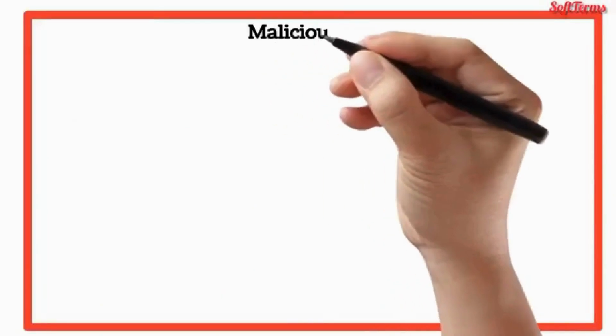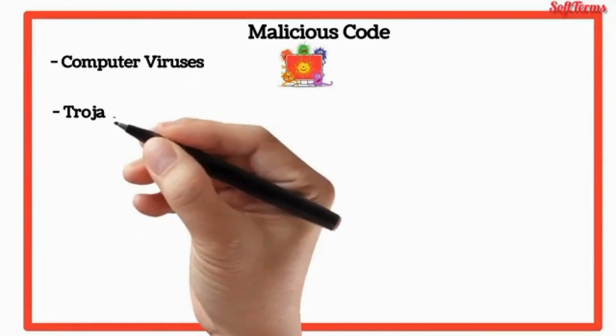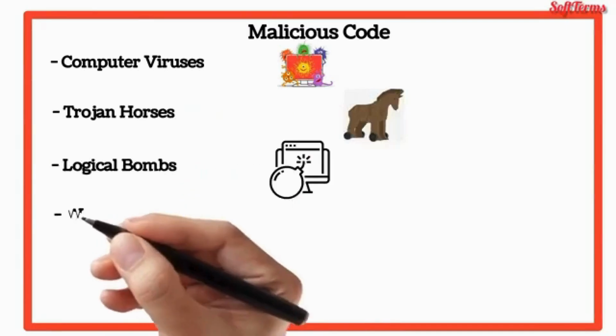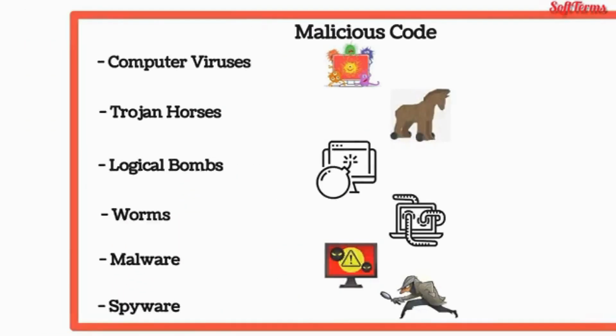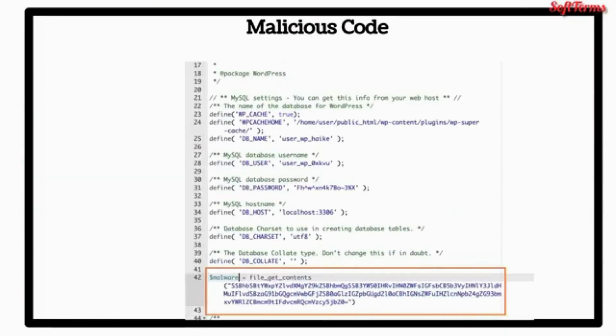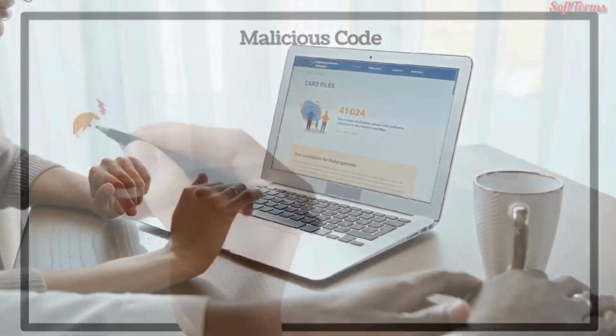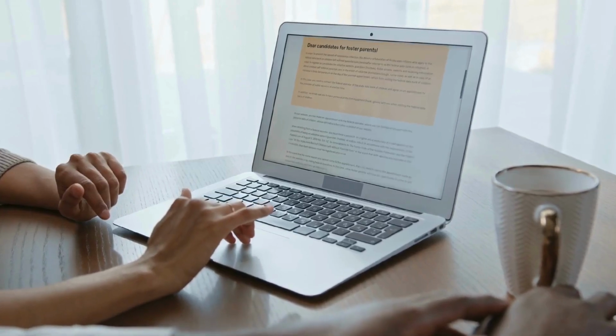Maybe we have heard such names as computer virus, Trojan horses, logic bombs, worms, and malware. However, there are actually some examples of malicious code. Furthermore, it is often heard that it is closely related to the use of devices such as computers.